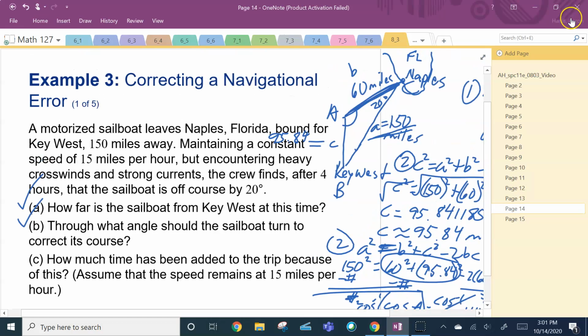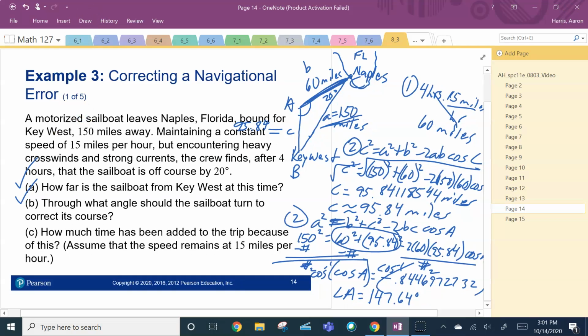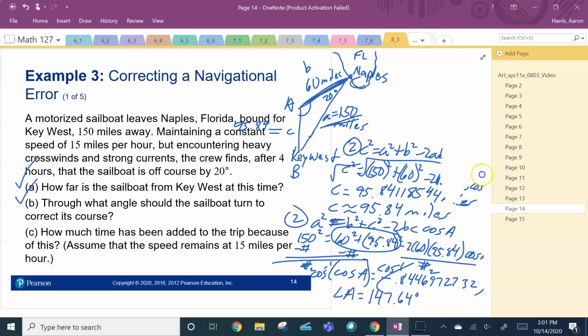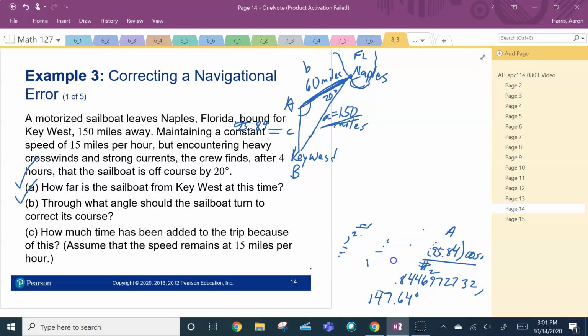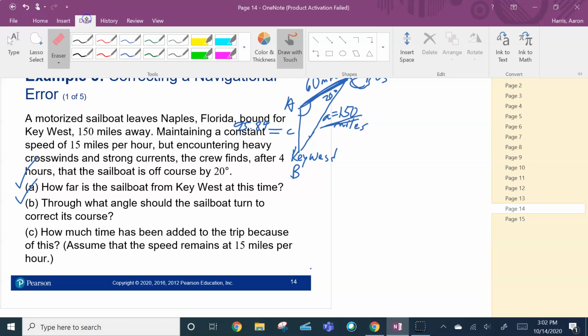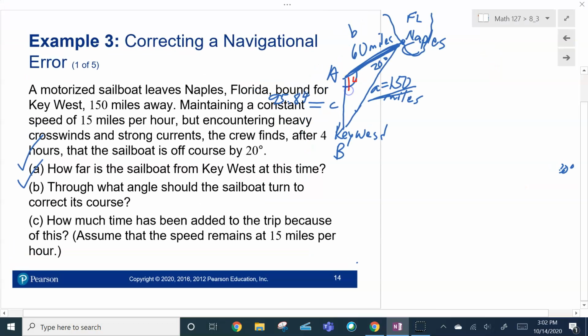Let me erase a little bit of this, I don't have any room here. This was 147.64 degrees, that was angle A. All right, how much time has been added to the trip?